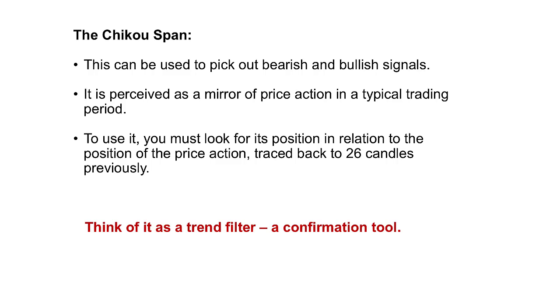It's perceived as a mirror of the price action in a typical trading period. So to use it, you must look for its position in relation to the position of the price action traced back to 26 candles previously. It's 26 bars. Think of it like another trend filtering or confirmation type of tool.